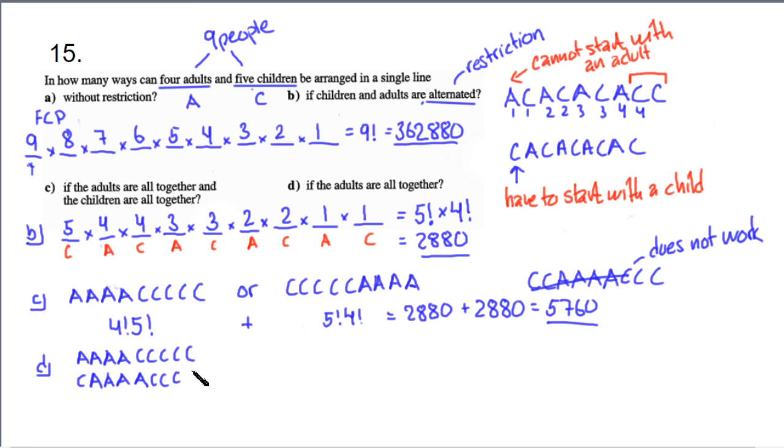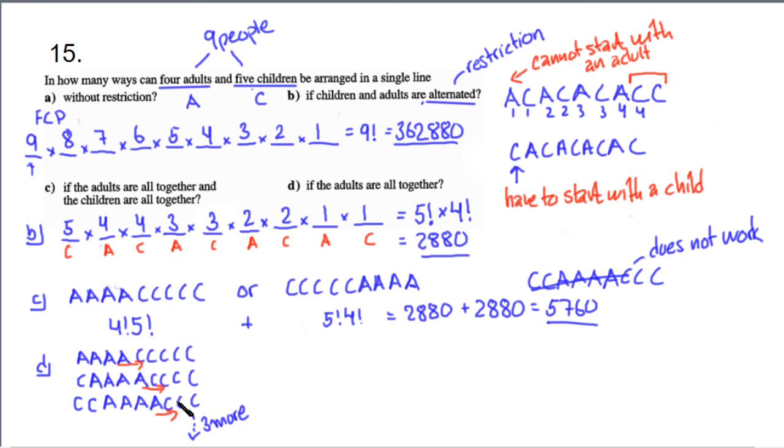1, 2, 3, 4. There's another scenario where we start with 2 children, then we have the 4 adults, and then we have the remaining 3 children at the end. So you can see that there's going to be 3 more scenarios here, as we are sort of moving this group of adults down the line, so to say.